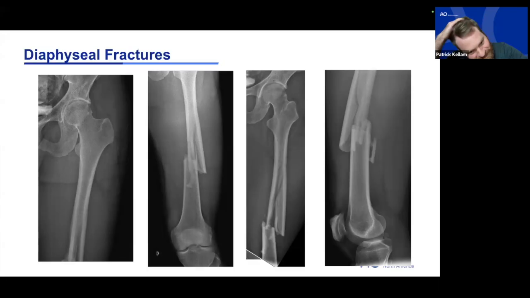We can keep going. If people are interested, though, I would encourage you to read that work out of UT Houston, looking at the utility of MRIs to diagnose occult femoral neck fractures in patients with diaphyseal fractures of the femur. A couple things I wanted to bring up specifically as it pertains to this radiograph: Lilia described the medial and posterior displacement of the fracture.